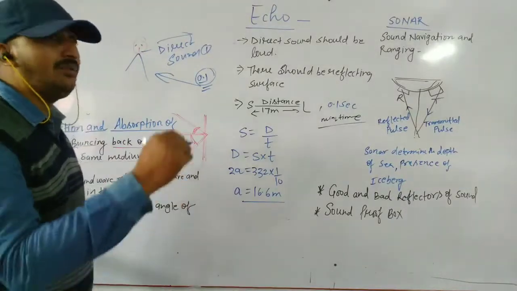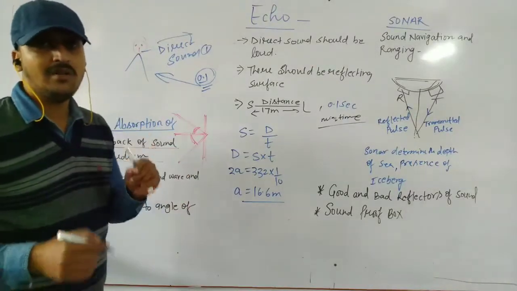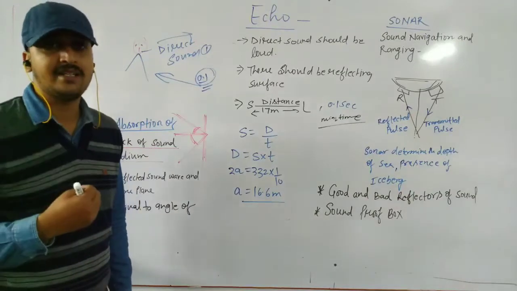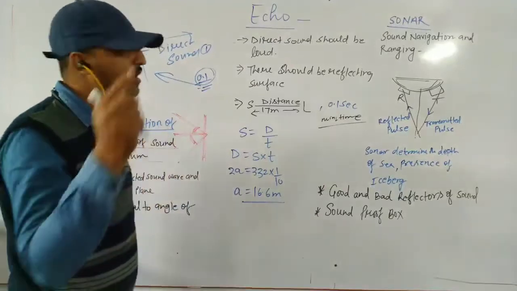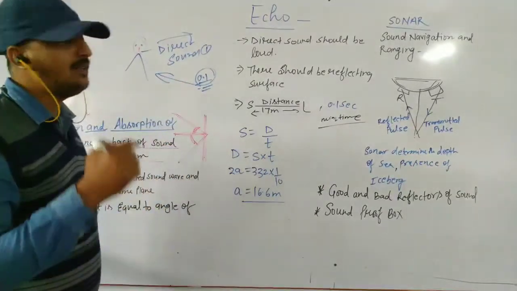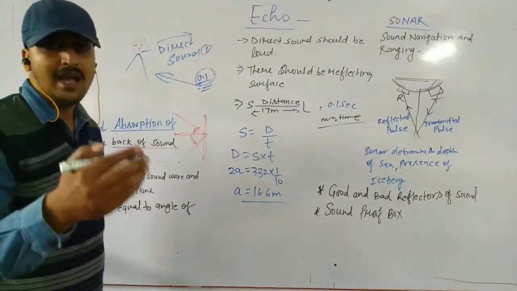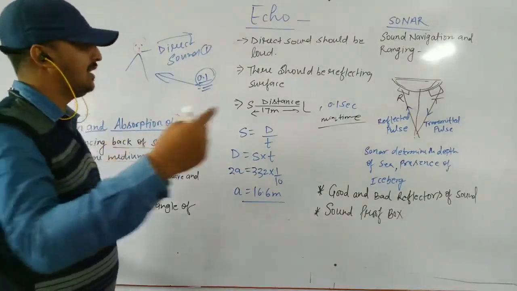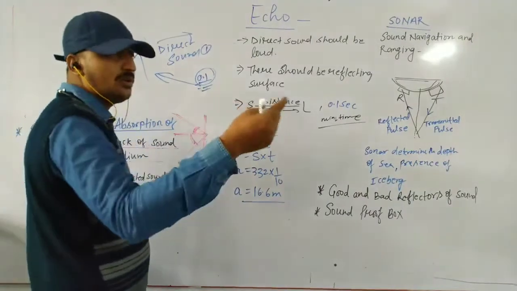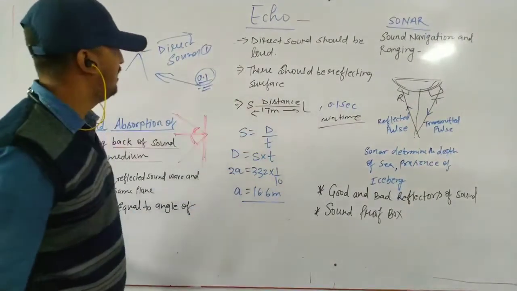Whatever I am saying is a direct sound, and after 0.1 second, one more sound we are able to listen to. That is an indirect sound coming from a source, and we can say that is an echo.